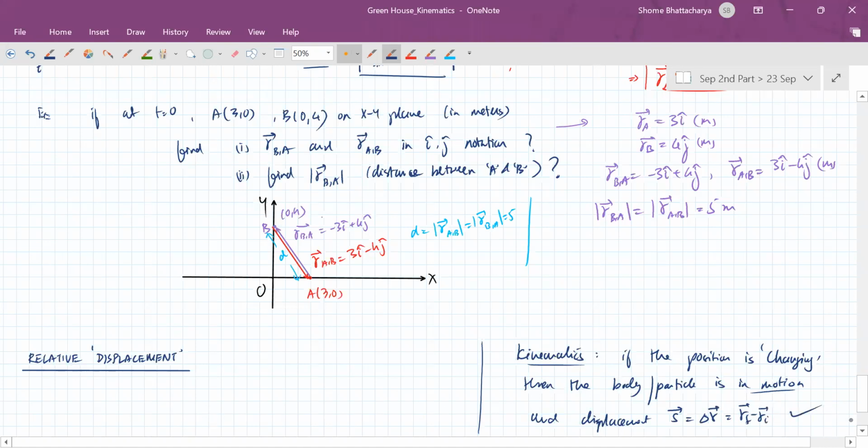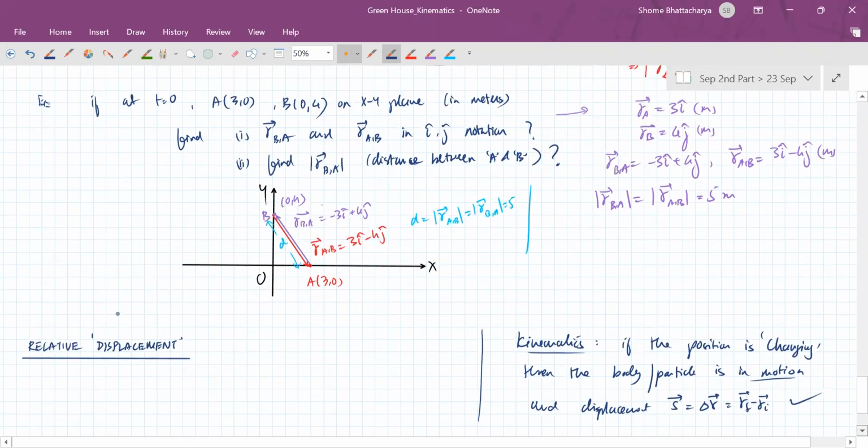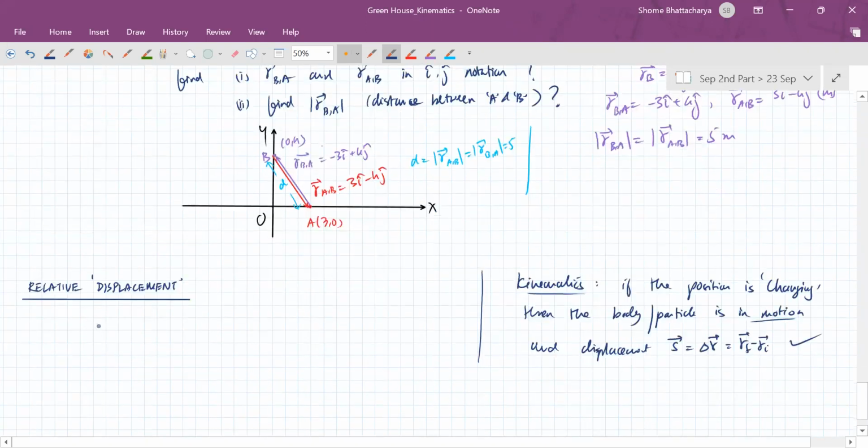So now in relative motion or relative kinematics, the relative displacement of one object, let's say B, with respect to another, becomes the change in position of that object with respect to the other.